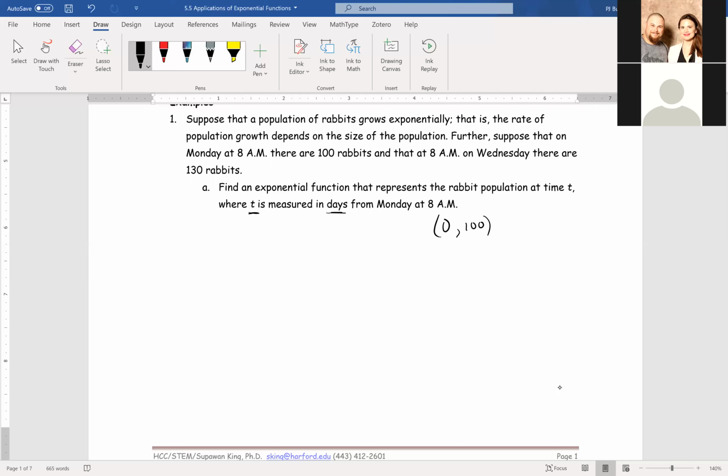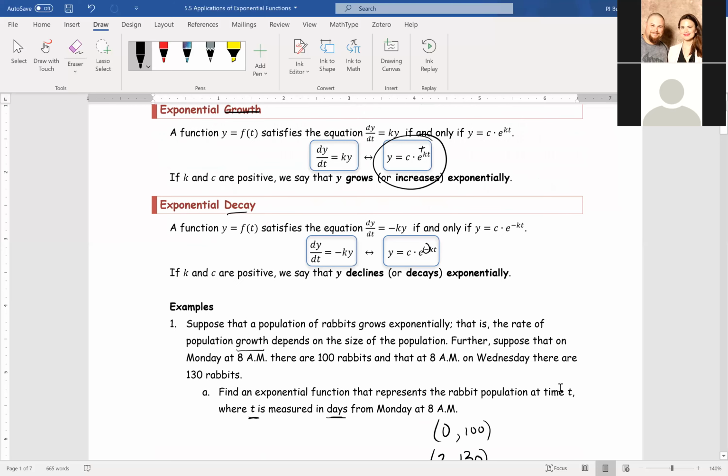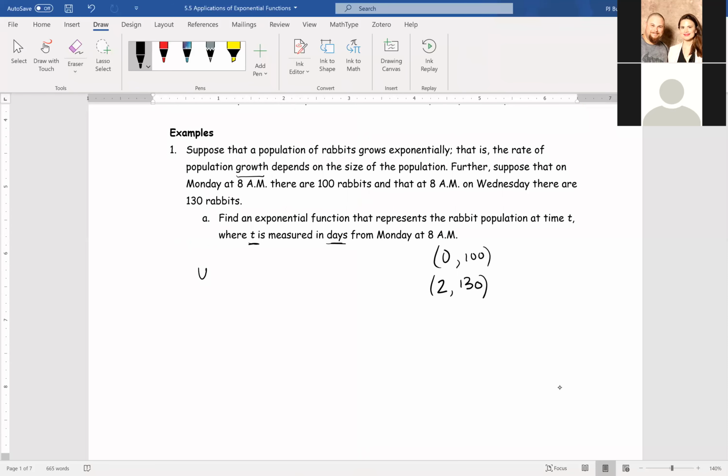And then we're also given that on Wednesday at 8 a.m., which would be 2 days from Monday at 8, there are now 130 rabbits. Now, this is a growth problem. So our equation that we start with should be this guy. So we've got y equals ce to the kt.